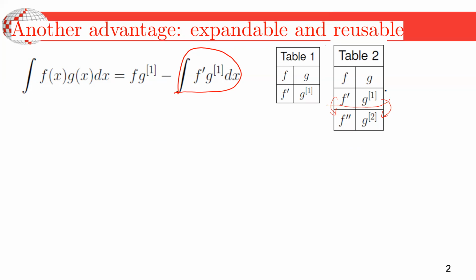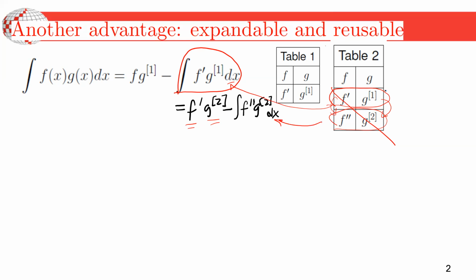The integral of this product is going to be equal to the diagonal product, which is f prime and g2, minus the integral of the product of the functions in the bottom row, which is here.